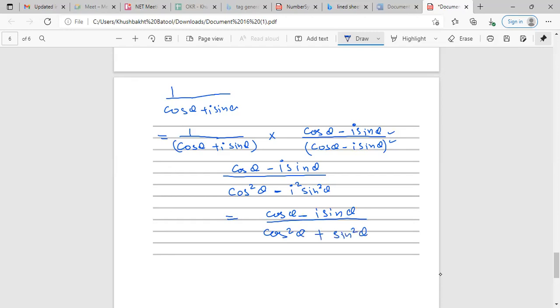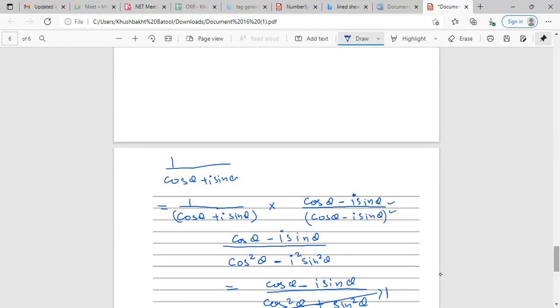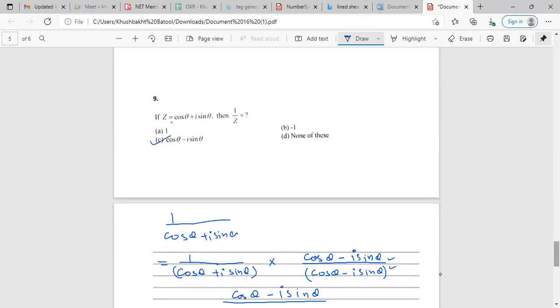And this is basically 1. So I have 1 in the denominator, which means that cos theta minus iota sine theta is the option. Okay, so the answer is C. Right, so we are done with all the NET sample questions which were related to number systems.